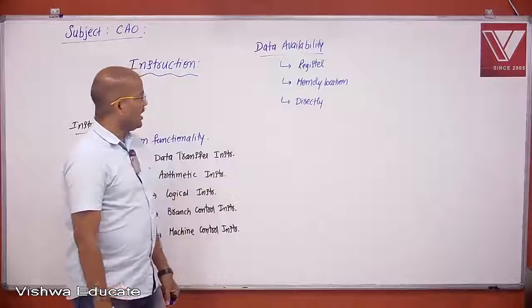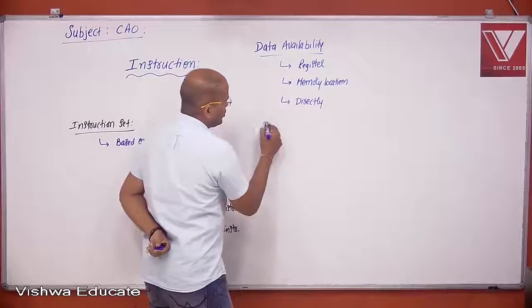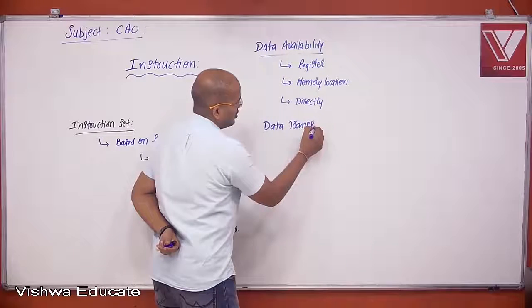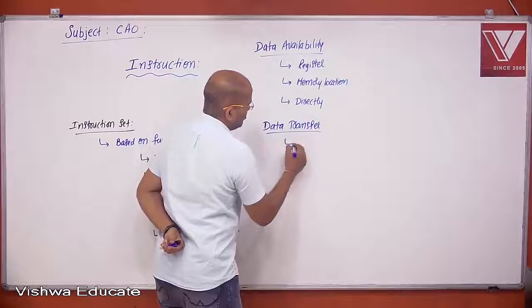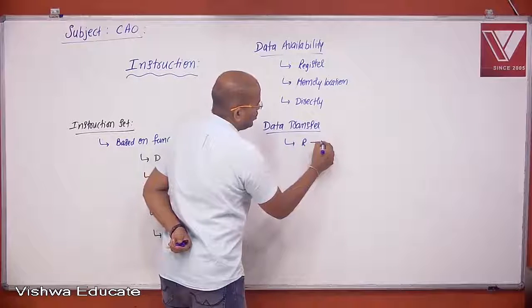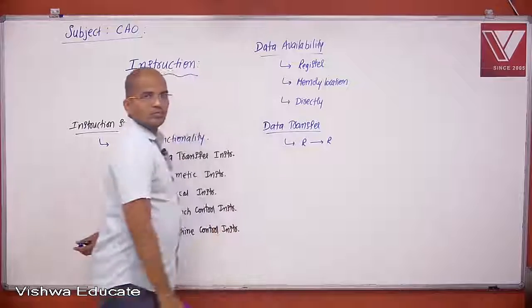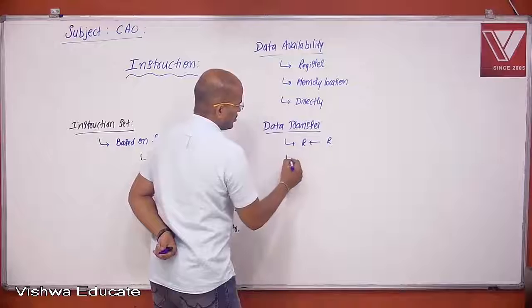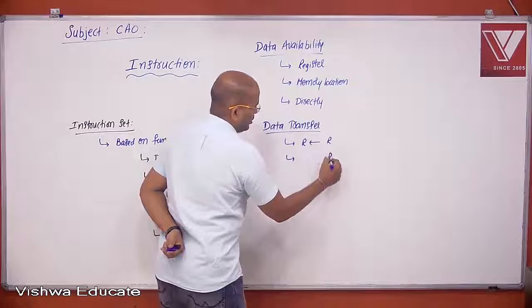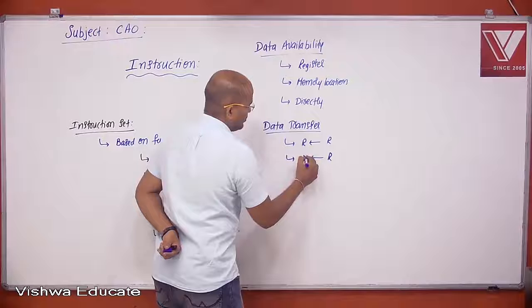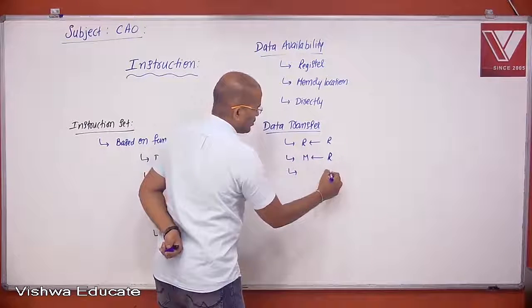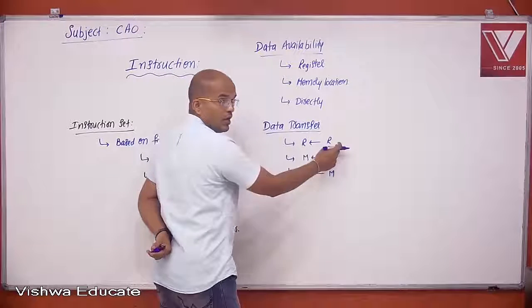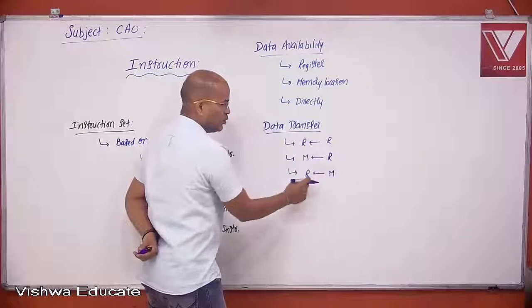Now when you say the word data transfer, data is transferred from R to R, R to M, M to R.